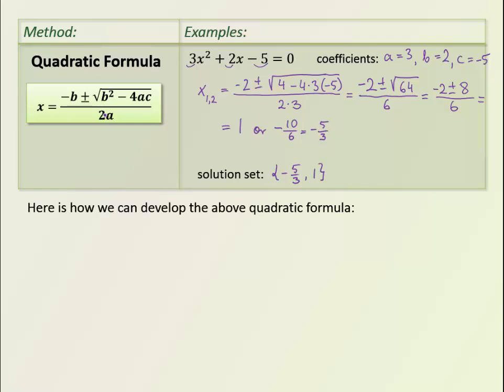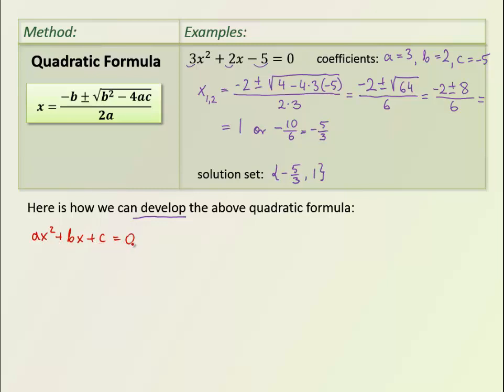Okay, we've been using the quadratic formula, but how did someone come up with this formula? Well, we can actually develop the quadratic formula just by the completing the square procedure. So we start with the standard form of a quadratic equation, ax squared plus bx plus c equals 0. And what did we do first?